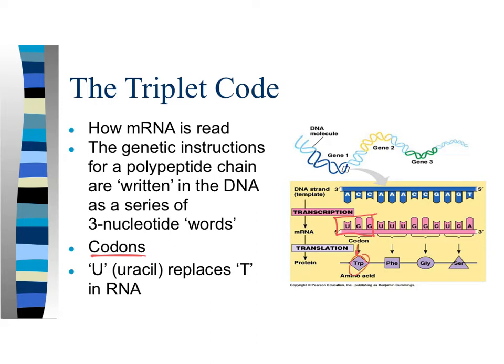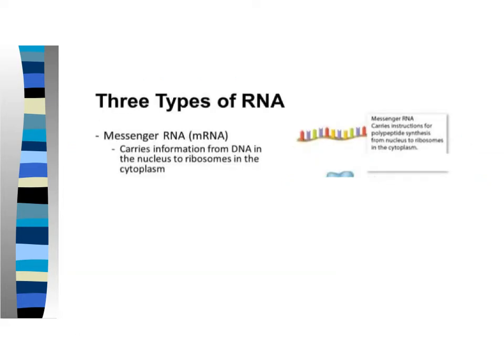That's important to keep in mind: they're written in threes. These three words code for one amino acid. Also, in RNA, uracil is going to replace the T. So you can see here, A is going to pair with U, instead of, if it was a piece of DNA, it would pair up with T. But here, when A is matched up with RNA, it is uracil.